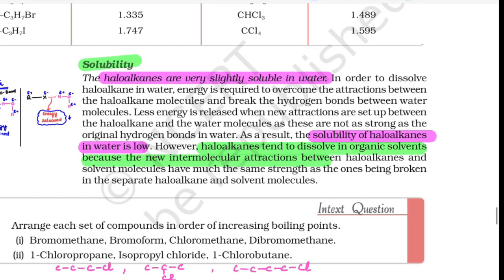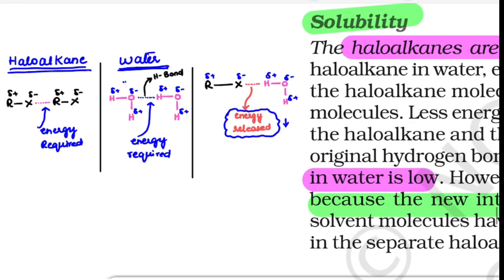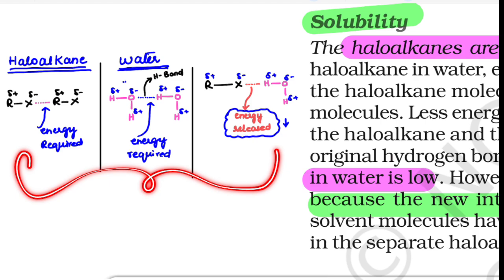So here you can see the solubility of haloalkane in water is less, but the solubility of haloalkane in organic solvent will be more because the new intermolecular attractions between haloalkanes and solvent molecules have much the same strength as the ones being broken in the separate haloalkanes and solvent molecules. Meaning, if you take an organic solvent instead of water, the attraction between the haloalkanes and the attraction between the organic molecules and the bond formed, almost everything will be similar.